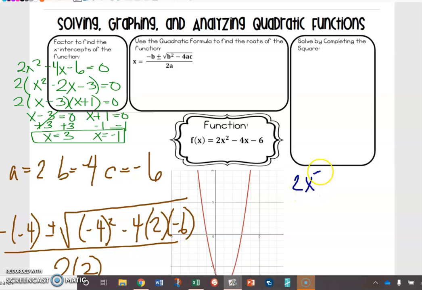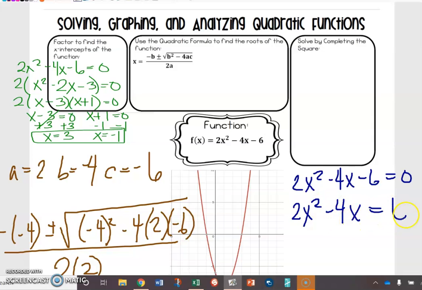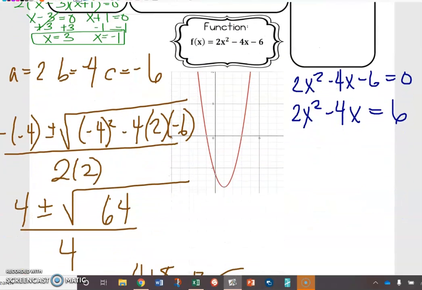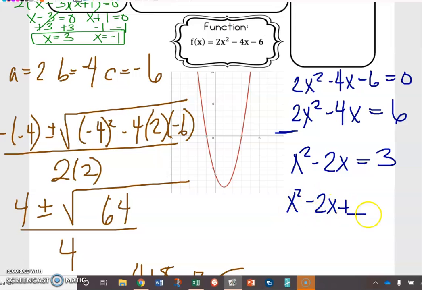So 2x squared minus 4x minus 6 equals 0. 2x squared minus 4x equals 6. And again, one of the things that you should remember from previous lessons is that you have to divide everything by whatever value is in the front. So we have x squared minus 2x equals 3. And now we're ready to put in our blanks so that we can complete the square process.